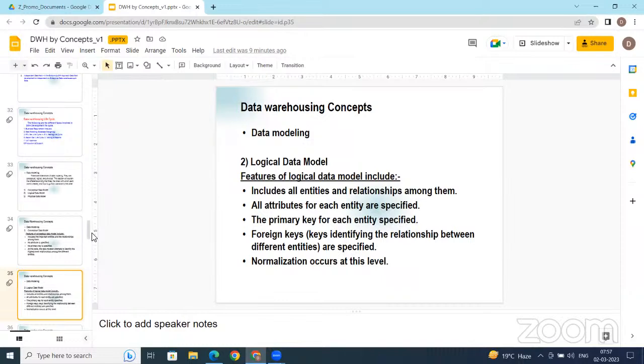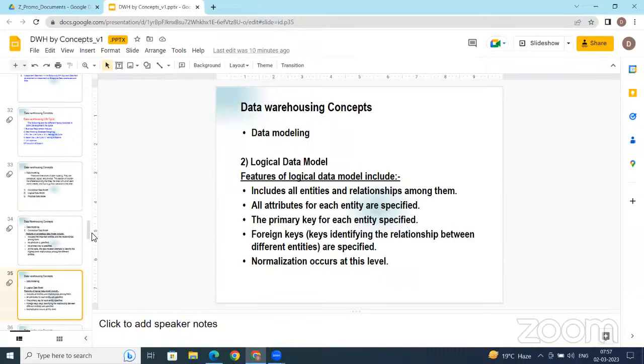At this level, the data will be in a normalized format, in detail, meaning duplicates are very minimal; duplicates won't be there. Here we declare all the necessary attributes, primary keys, and field details, and the relationships are also mentioned in the LDM, the logical data model.